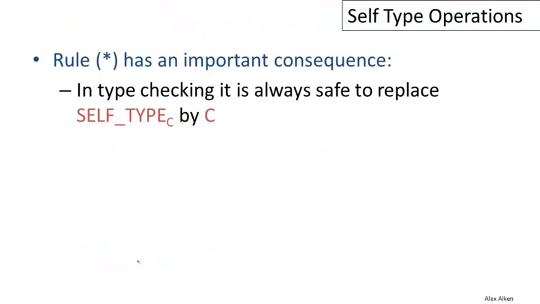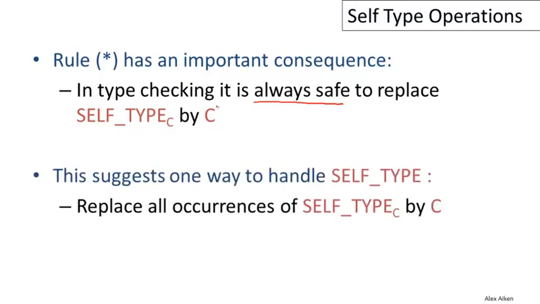It means that when we're doing type checking with self-type, it is always safe to replace self-type sub C by C. So it's okay to promote any self-type sub C, which could be C or a subtype of C, and just say that it's C.